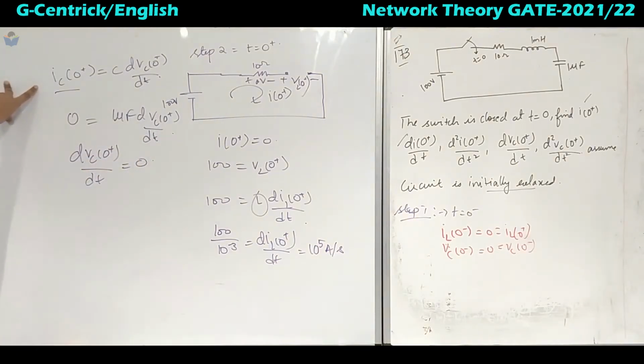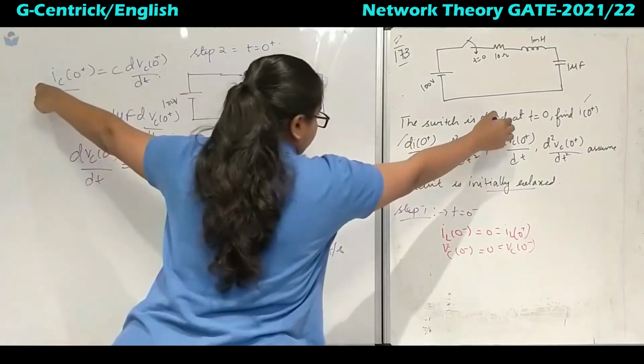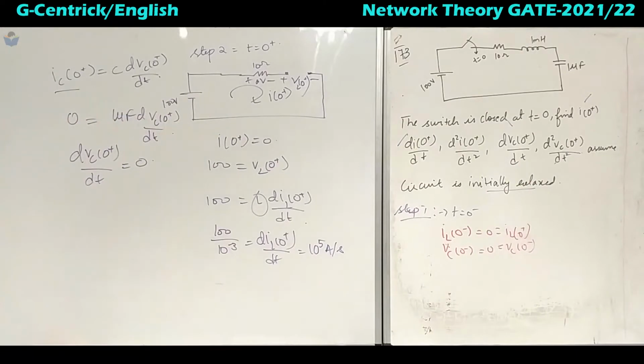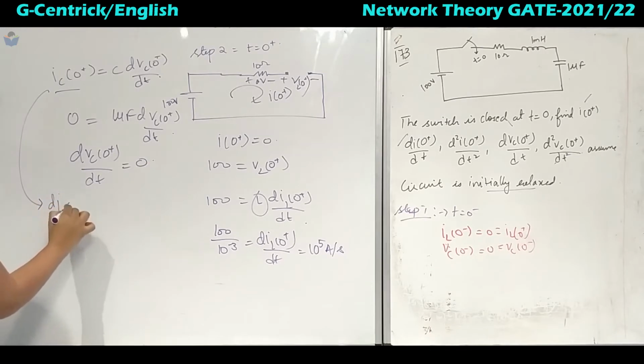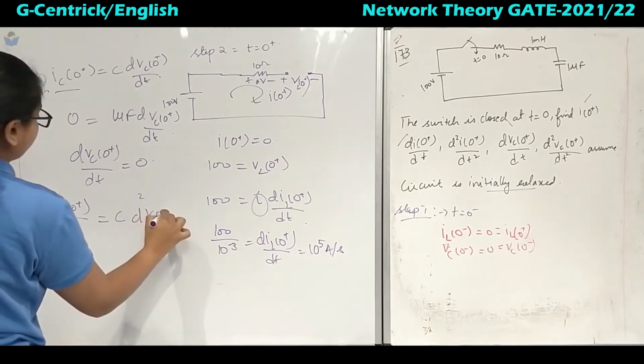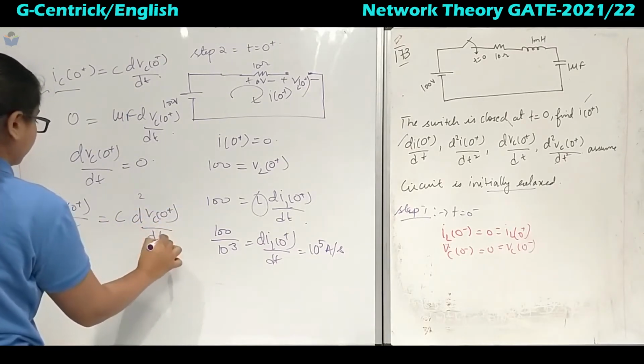Now we have to find this also. To find the square term, d square Vc, we can differentiate this equation again. So you will get dIc of 0 plus by dt equal to, C is a constant, C times d square Vc of 0 plus by dt square.